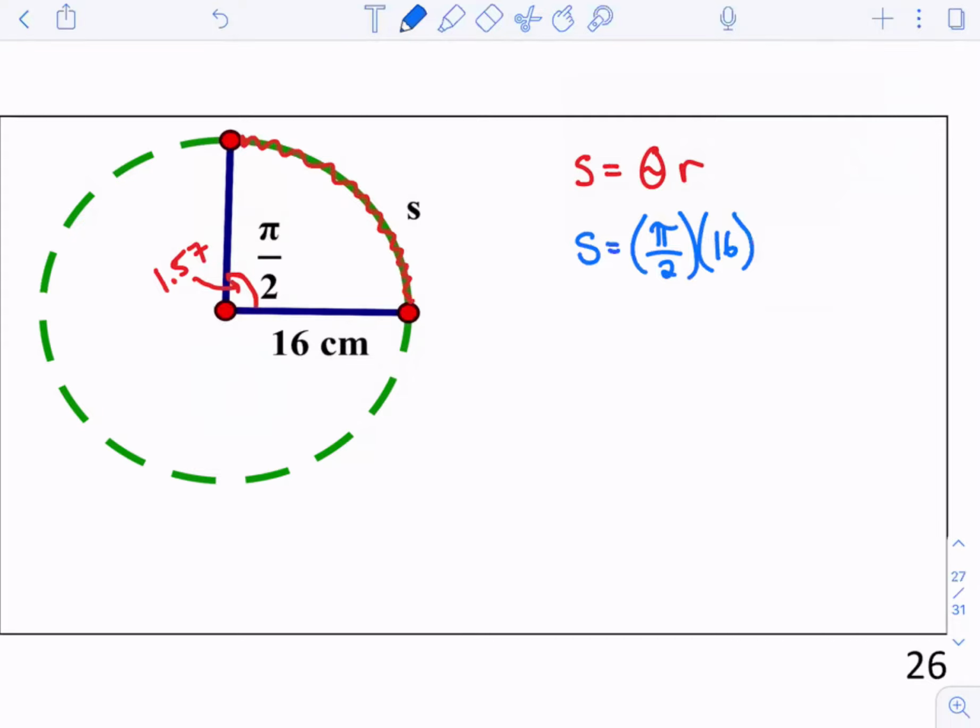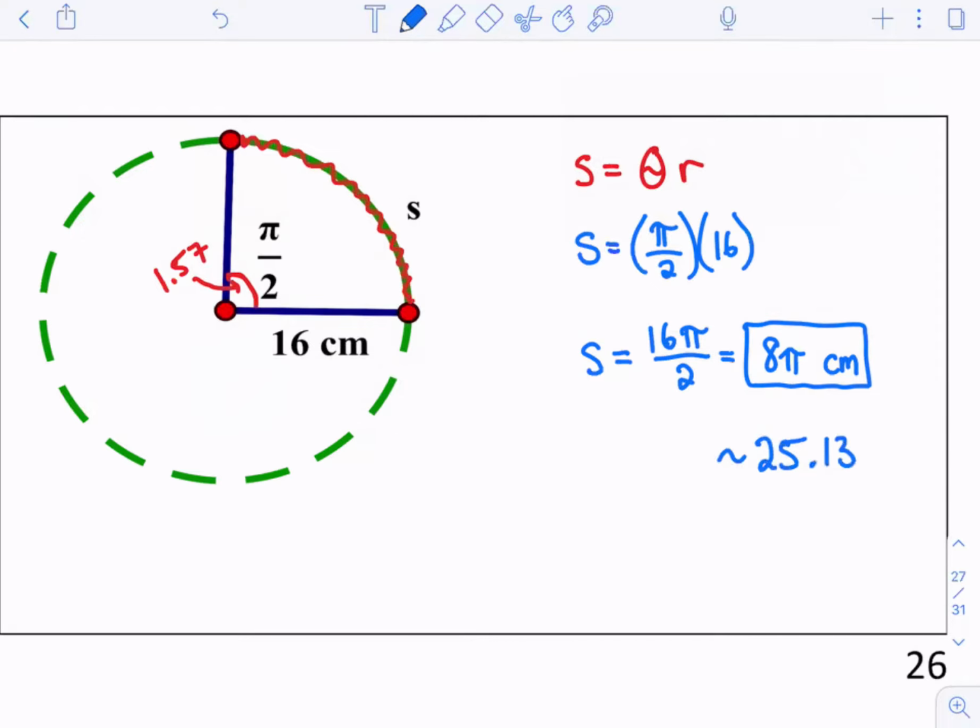So pi over 2 times 16 equals 16 pi over 2, but that can be reduced to 8 pi. 8 pi centimeters. Which is 25.13. Isn't that up to what your approximate was about? You said about 24. So yeah, it makes sense, 25.